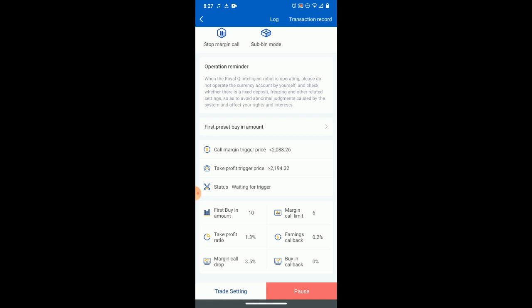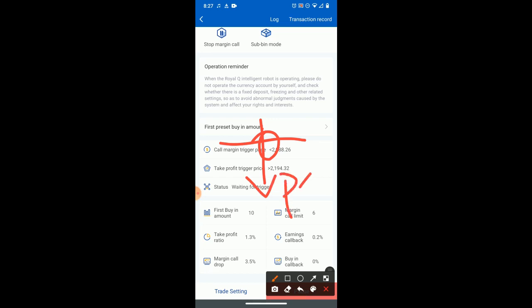If you pause that trade, for instance, as we enter this trade here, and this trade is already negative, and we pause it, then if this trade goes back up, we are not going to be in profit because we have paused it.